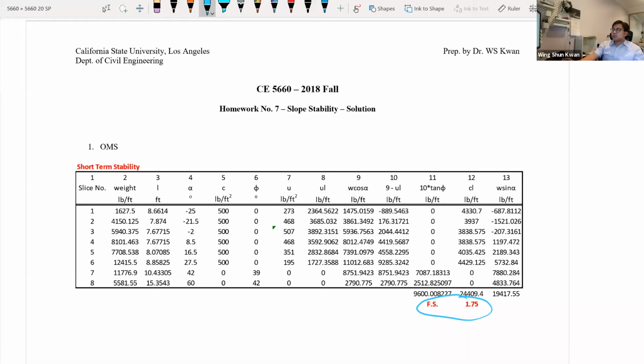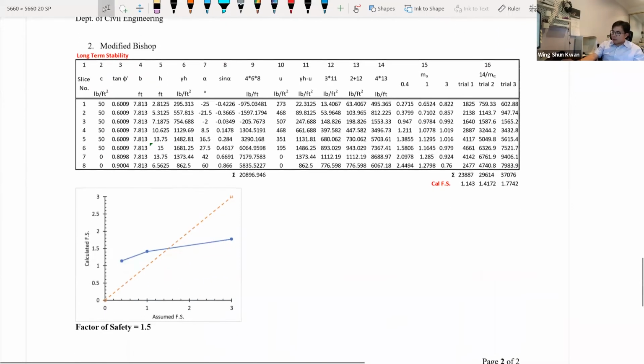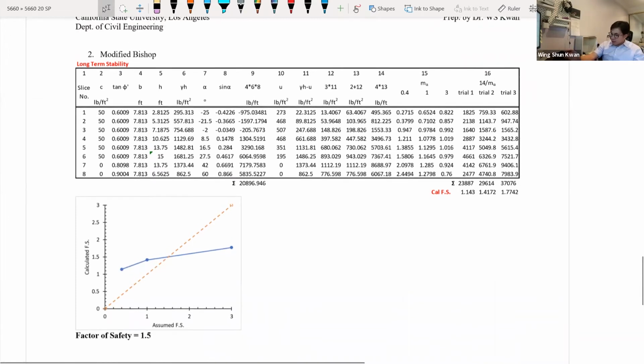OMS is supposed to be simpler than the modified Bishop. So I redo the whole analysis with the Bishop method. So I assumed a factor of safety right there. Well, I think I didn't put it down, but you can see it there. I assumed the factor of safety as 1, and also 3, and maybe 0.4.